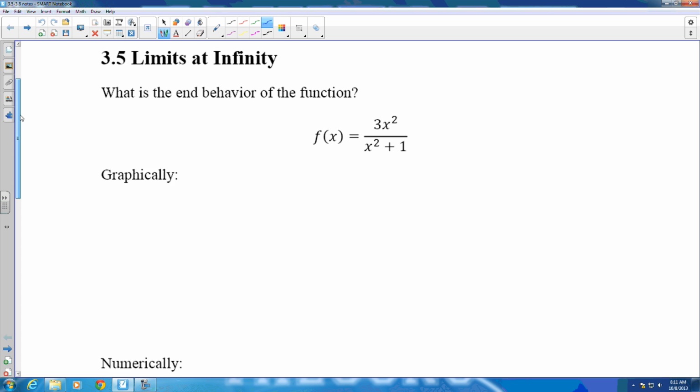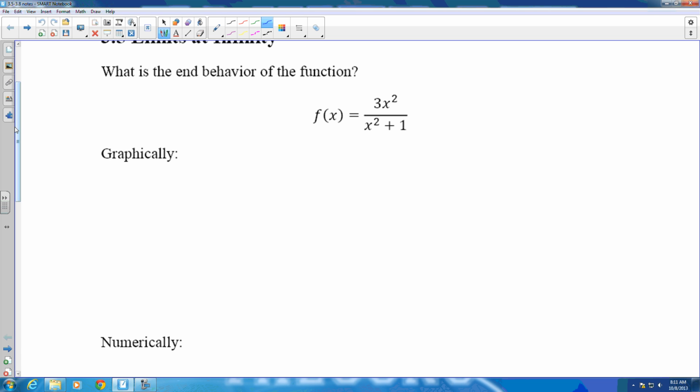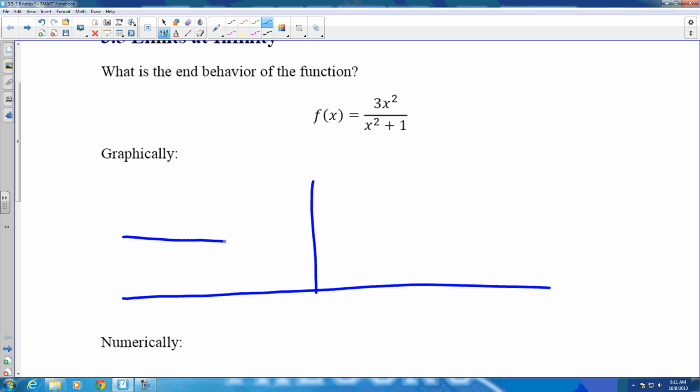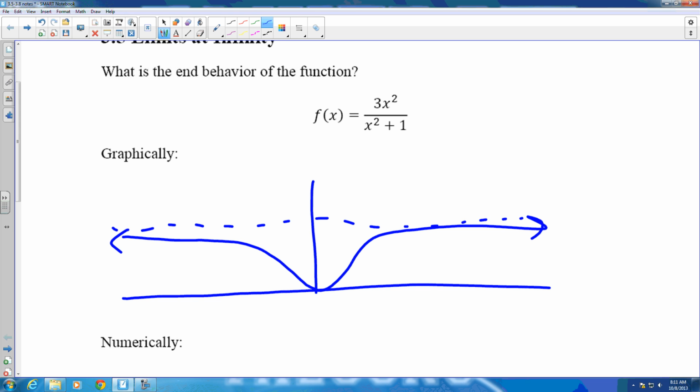Graphically, if we were to graph this function, for example, 3x squared over x squared plus 1, the function would look something like that. So obviously both ways the function is leveling off somewhere, and that place is at y equals 3.